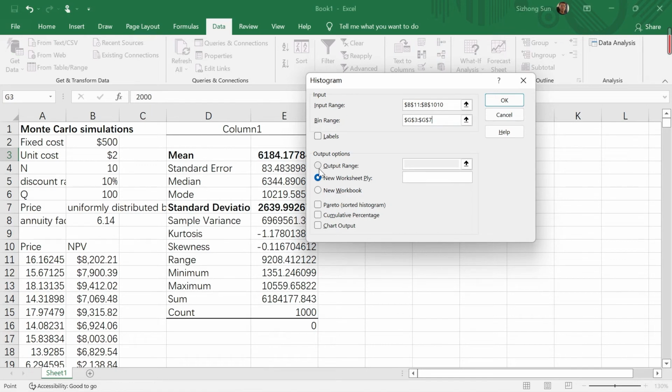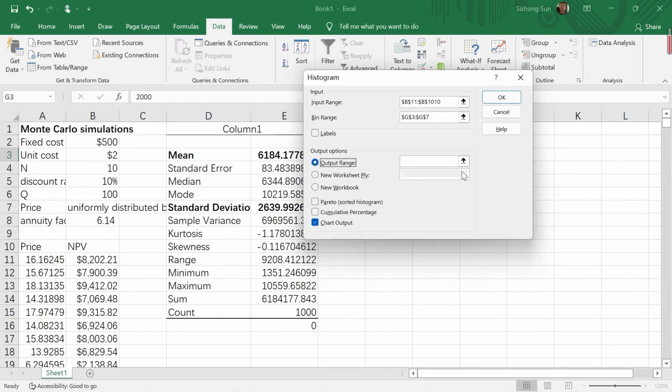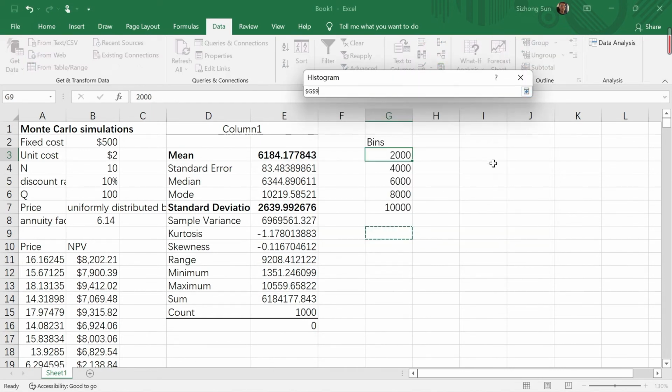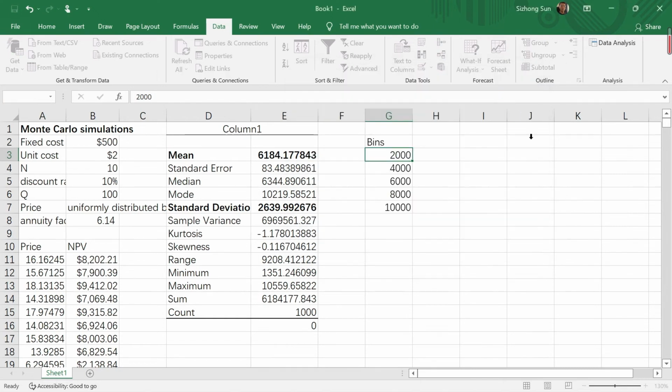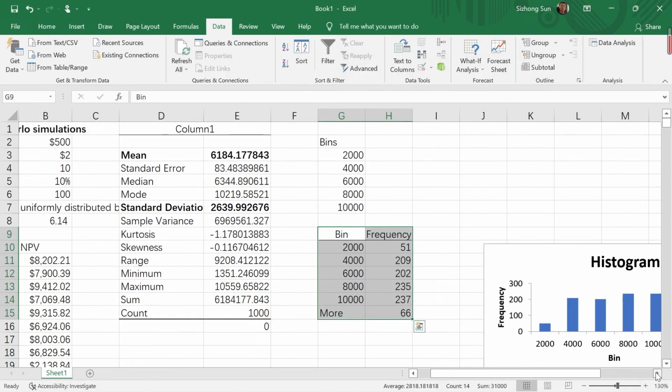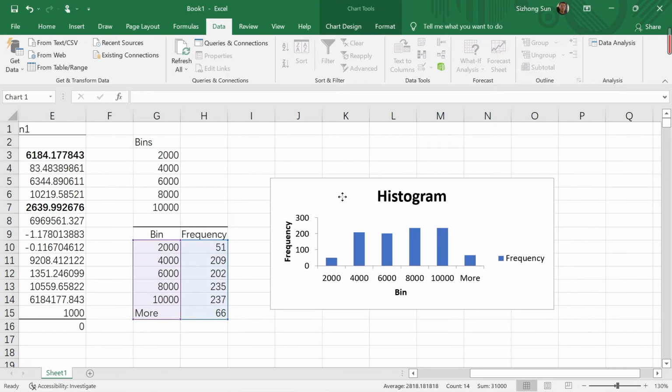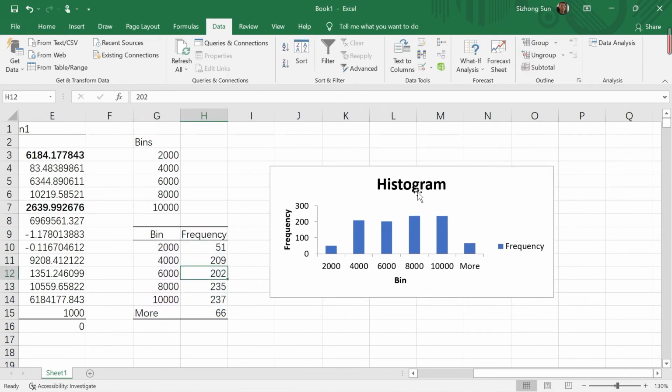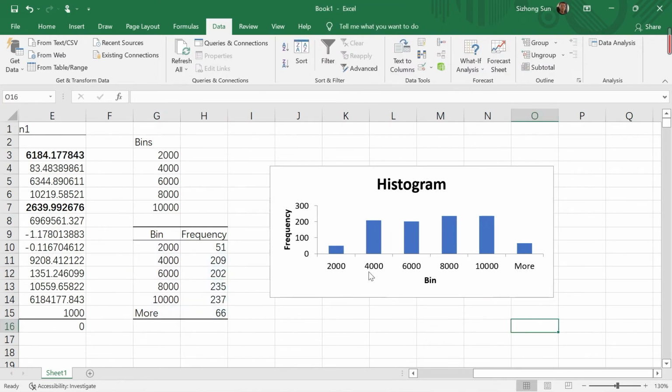I'm going to ask Excel to draw a chart and output the results into, say, here. And okay. So we see that's the histogram, the distribution of the MPV. We know that the price is uniformly distributed. However, the MPV is not so uniform.